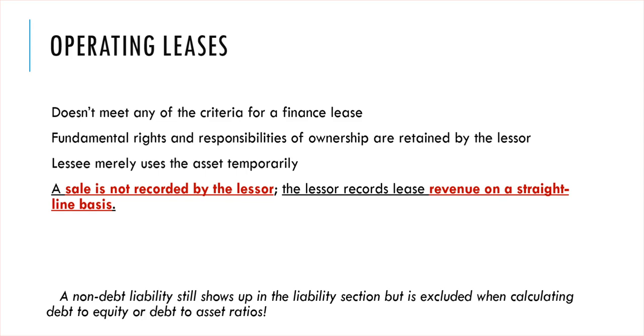It's still a liability, and when you do your journal entries for operating leases, there's an exception, of course, coming up. But when you do your journal entries for operating leases and you are the one that is leasing the equipment, in general, it looks very much the same as under a financing lease.